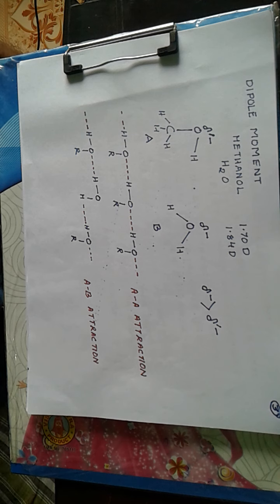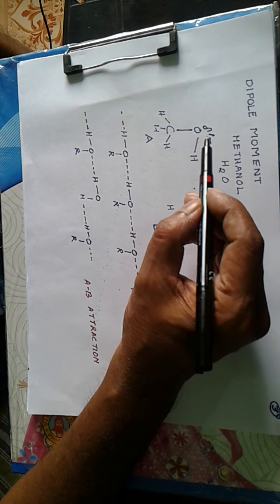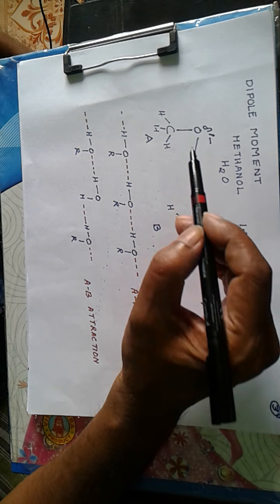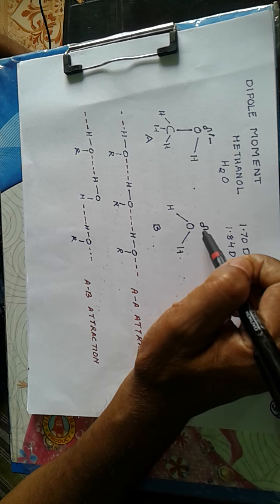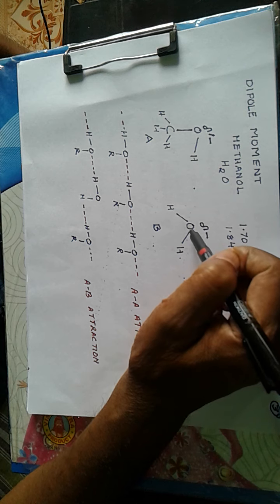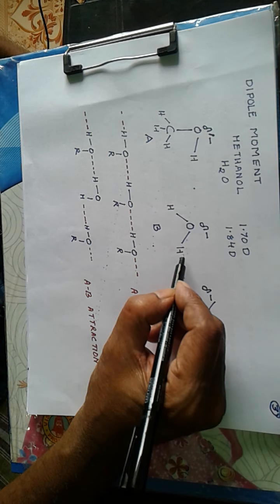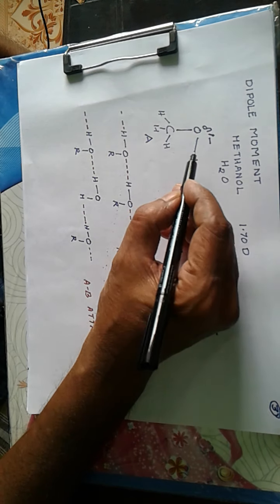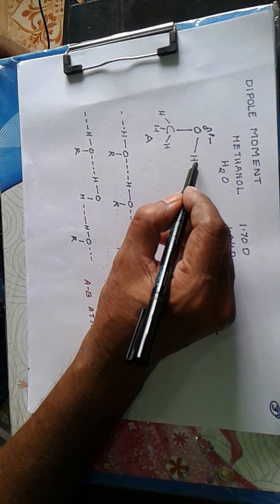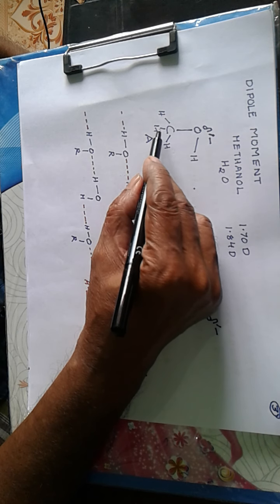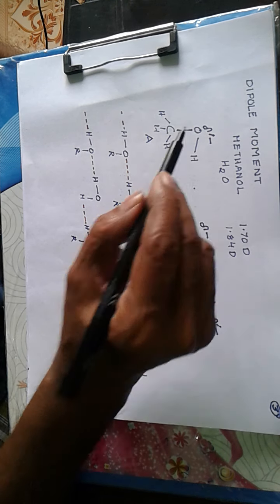So there is a delta negative charge over the oxygen atom in methanol and a delta negative charge over the oxygen atom in water. So there will be delta positive over this hydrogen, and again a delta dash positive over this methyl group.